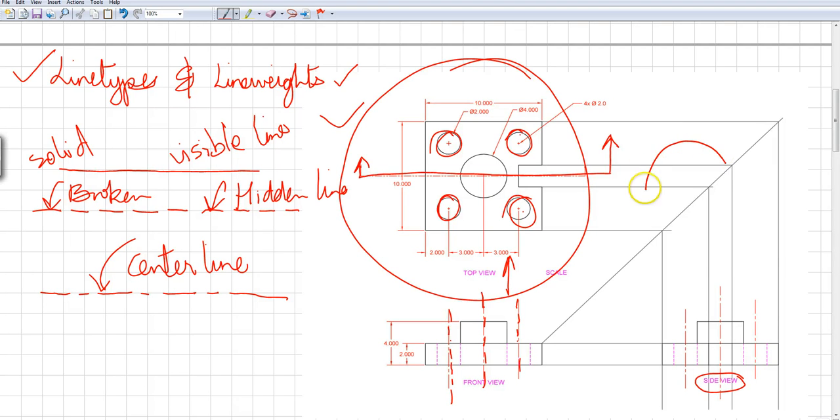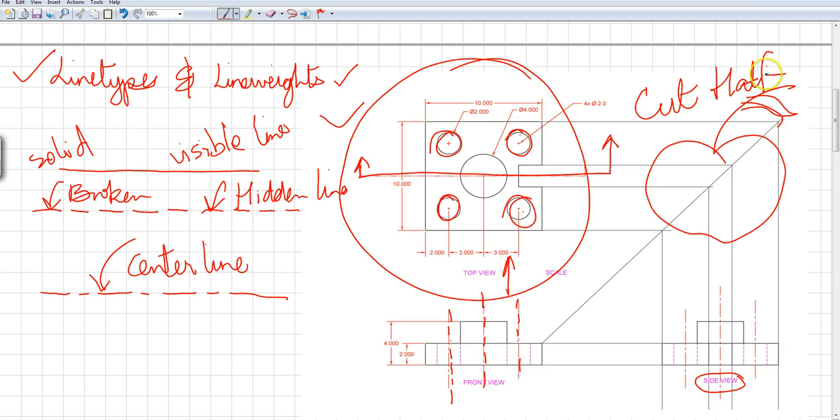Another example would be if there's an apple and I need to see what's inside the apple. I have to make sure that I cut it. I cut it in half, right? When I cut it in half, I will see some seeds over here, and then I know that that's a cut apple. If the apple is not cut, then obviously it's a solid apple, right?